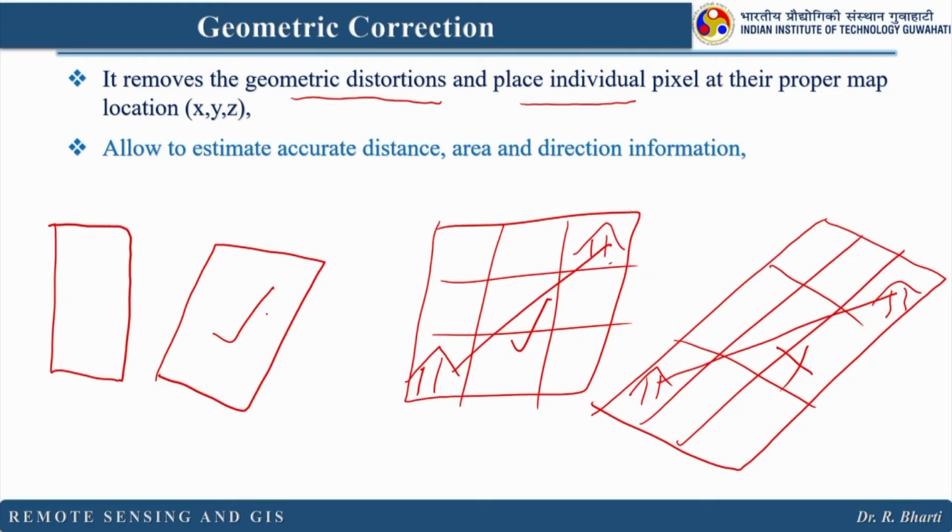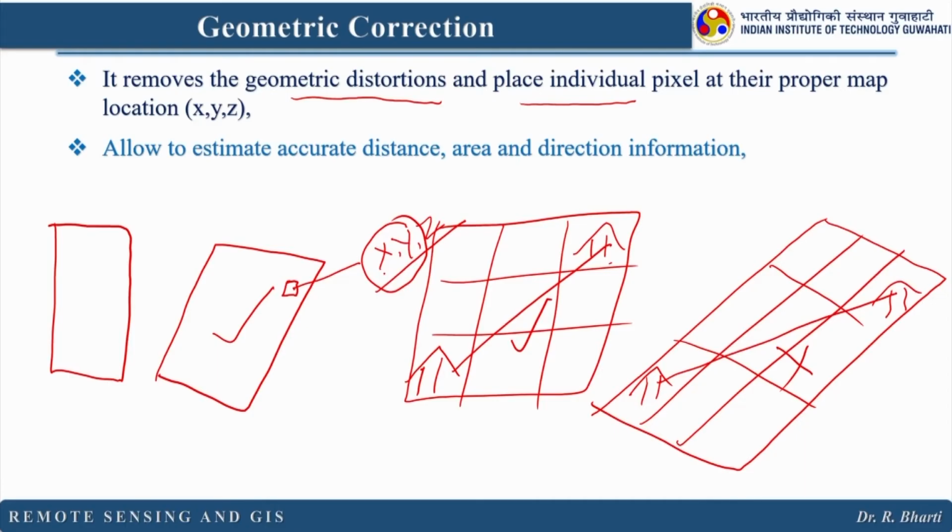So, the purpose of this is, if you do the geometric correction, if you place all the pixels in their own location, then you can easily find out what is the x and y and z value of this particular pixel, and xy value can be used to locate this pixel in the field using a GPS, because when you know xy you can easily do that.